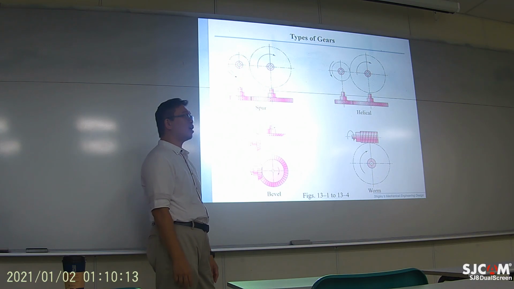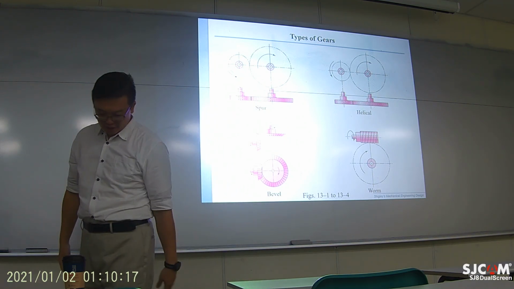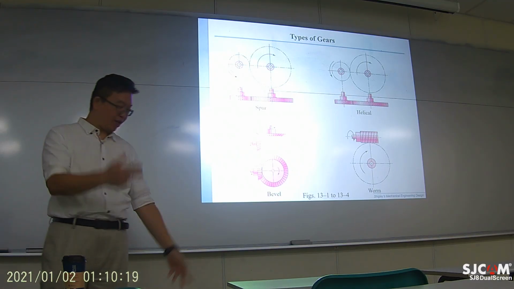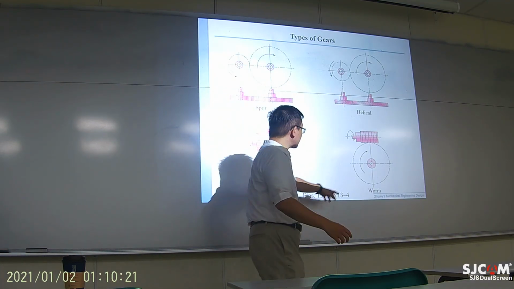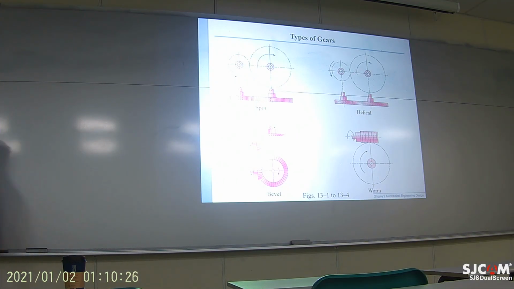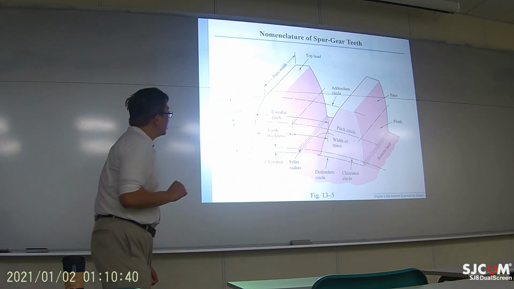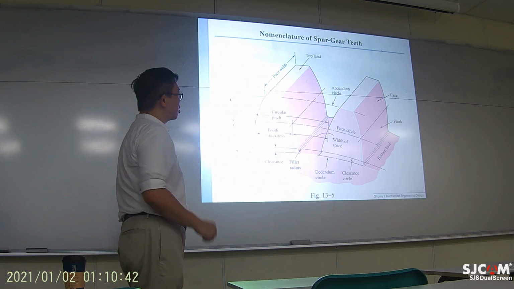It's like you are manufacturing a three-dimensional fan, and this is a worm gear. Looks like a worm. Okay, so there are some technical terms, just as a reminder for you to know what I'm going to talk about later on.